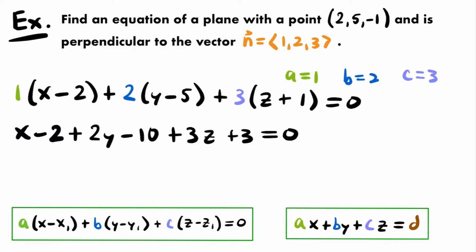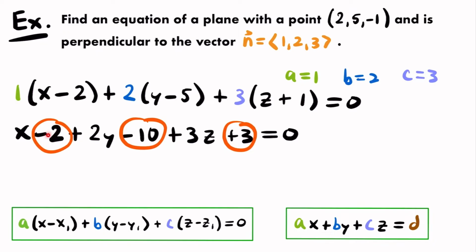And now what we want to do is separate our variable terms from our constants. All right, we want to move all of the constant values over to the other side of the equation and just be left with the x term, the y term, and the z term. Okay, so we're going to be taking -2, -10, and +3 and moving them over to the other side of the equation by performing the opposite operation, right?